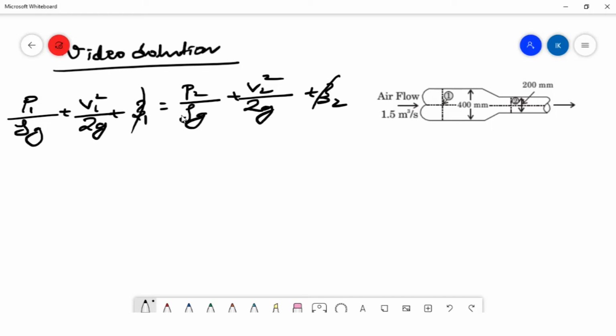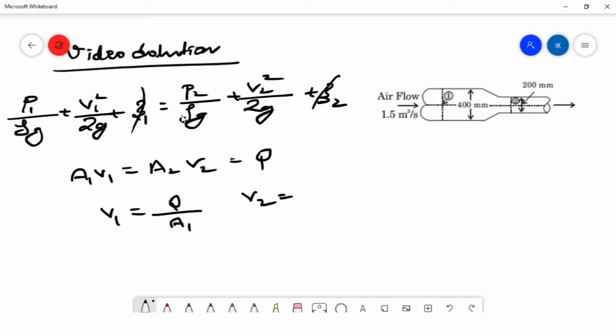P1 by rho g plus V1 square by 2g equal to P2 by rho g plus V2 square by 2g. But we don't know the velocities V1 and V2. From conservation of mass, we know A1 V1 equal to A2 V2 equal to Q, or V1 equal to Q by A1, V2 equal to Q by A2.